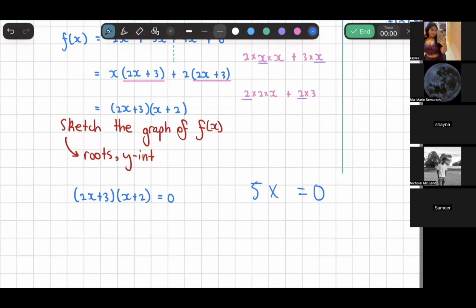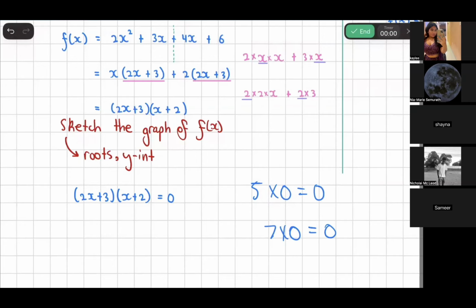What would I need to multiply 5 by? 0. What about 7 to get 0? 0. So anything multiplied by 0 is 0. Over here, I have 2x plus 3, that's one bracket, multiplied by x plus 2, that's another bracket. Adrian, if you look at this bracket, what value would you replace x with to give you 0? Imagine you replace x with some number. What plus 2 is 0?